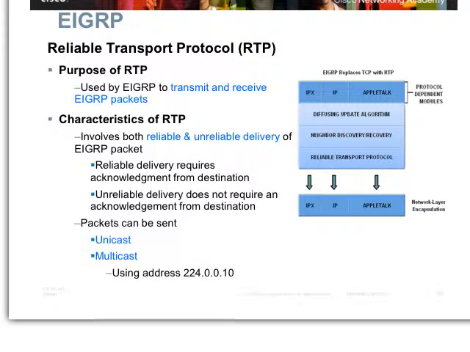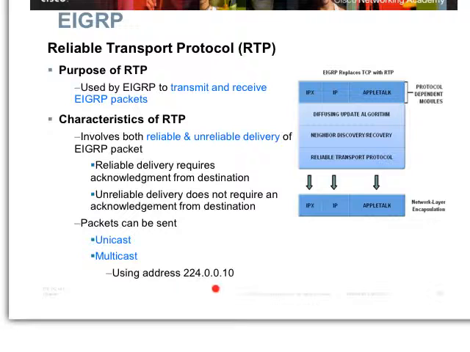Multicast is slightly different. It uses an IP address in class D, if you remember the old days of 455, and a multicast IP address can be used to send to a group of routers. Not a single router and not all routers. A group of routers which is a subset of all the neighboring routers. So that's how you indicate the IP address in the case of multicast.